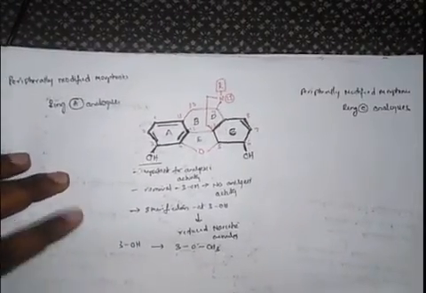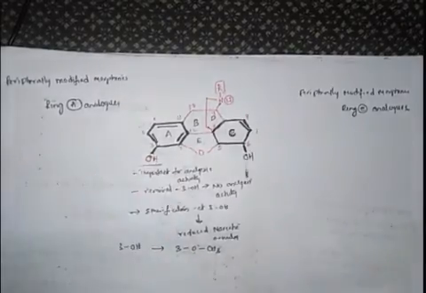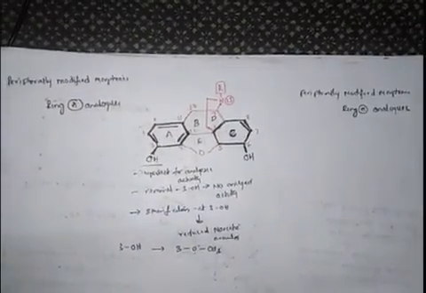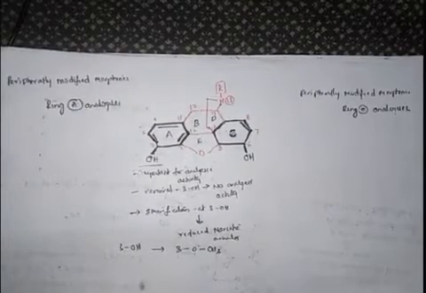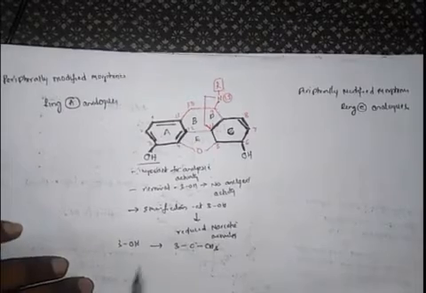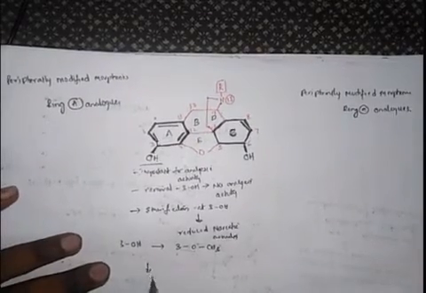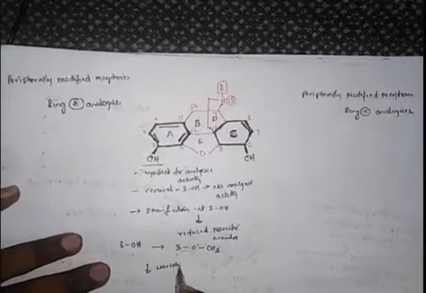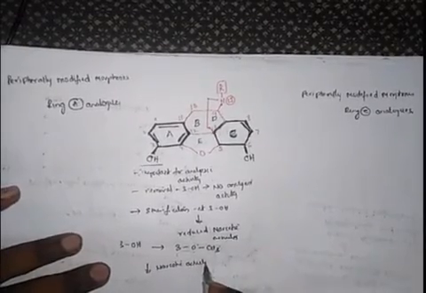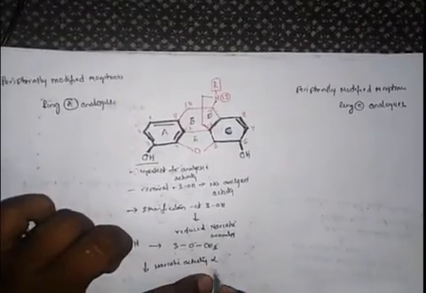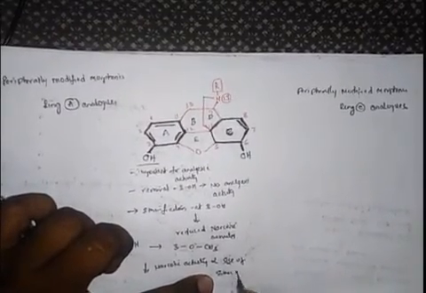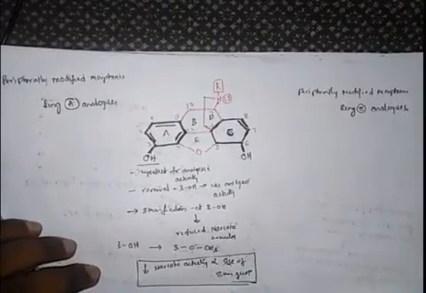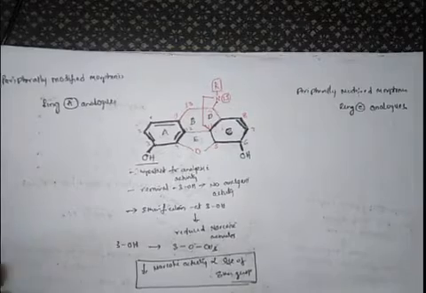Etherification is nothing but adding an alkyl group to the oxygen atom by removing hydrogen. The decrease in narcotic activity is directly proportional to the size of the ether group.